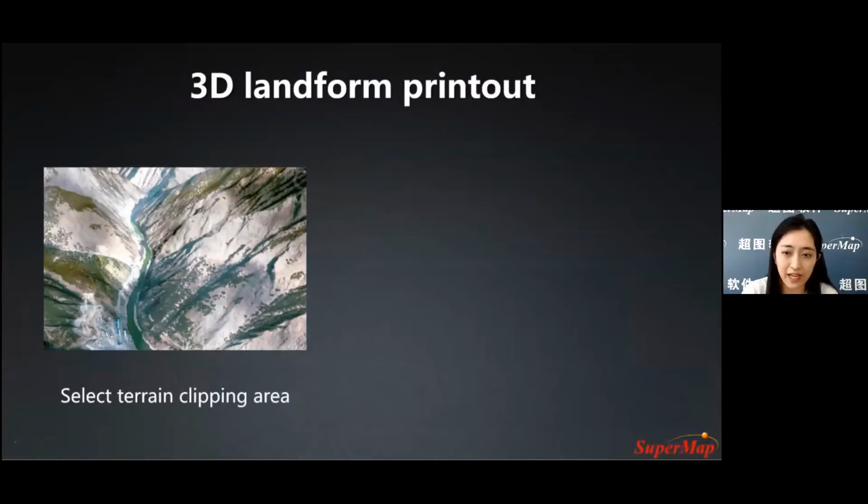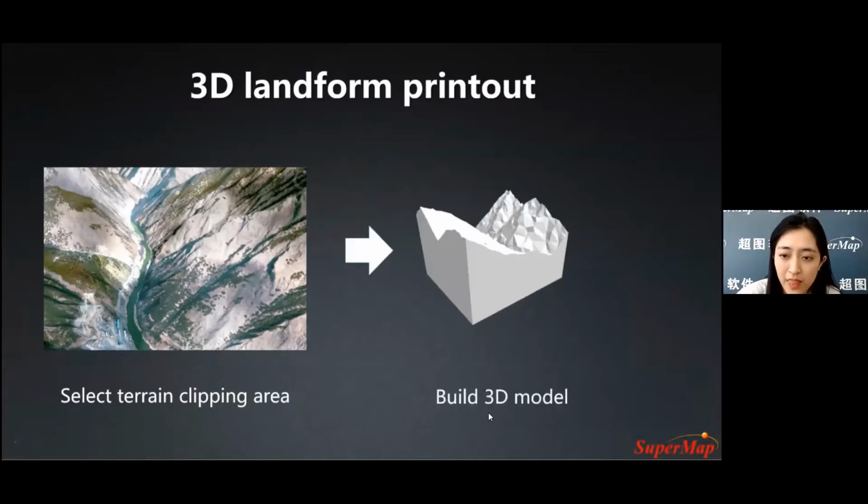At the same time, the terrain can be clipped to build a 3D solid model, and then we can export it to the STL data format. And the SuperMap desktop also supports this format for export.